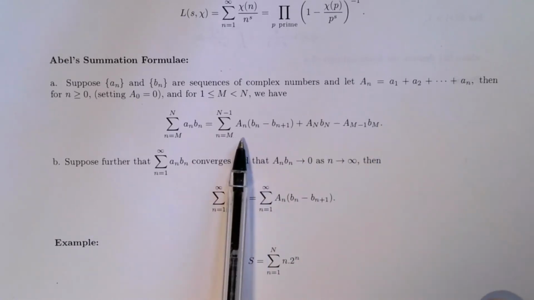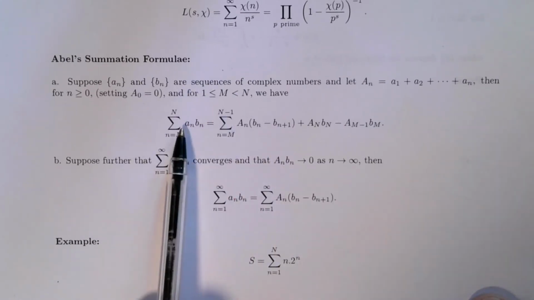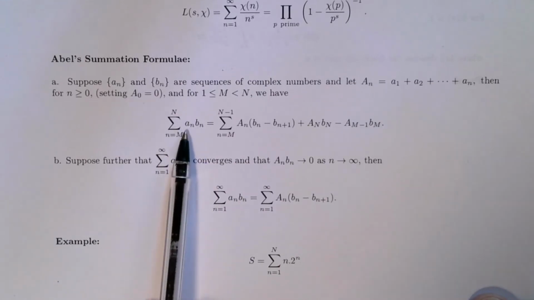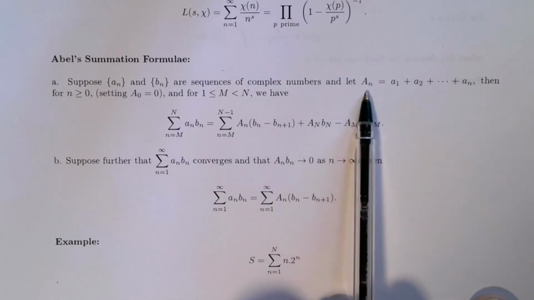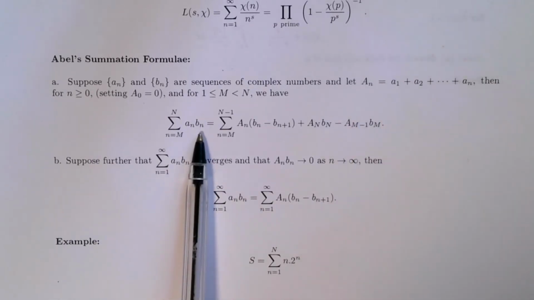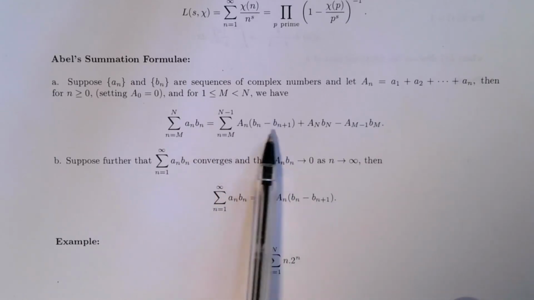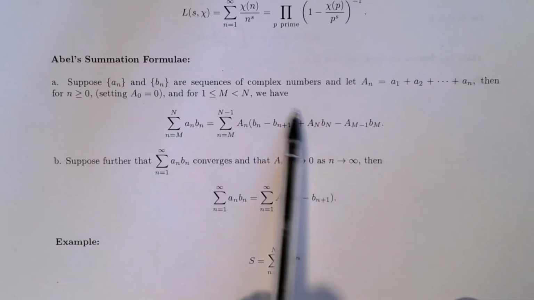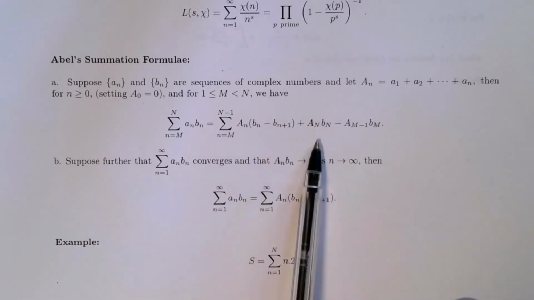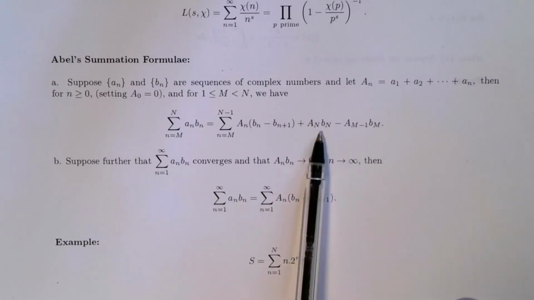So it's a little bit like integration by parts, where you normally integrate one term and differentiate the other. Here, integration is like summation, so we're replacing the integration by summation, which is what this capital A_n does. And then instead of taking a derivative, we're taking what's called a difference, so we're taking b_n minus b_{n+1}. So we end up with this sum, and we get a few terms at the beginning and the end. These are just coming from the initial terms and end terms, and they turn out to have that shape there.